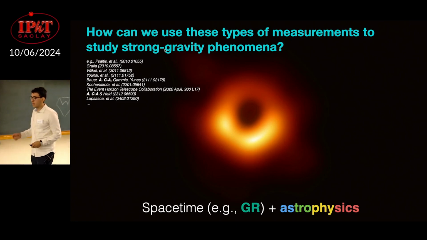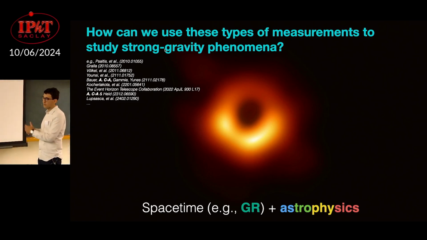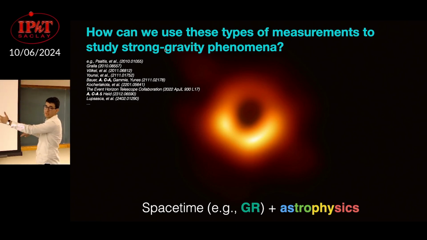So here, we can make it as precise as we want in some sense, but think about if you make a diagram of curvature versus a potential, M over R, and for curvature put Ricci or Kretschmann. I'm talking about this region where potentials are sort of large and curvature could be potentially large.